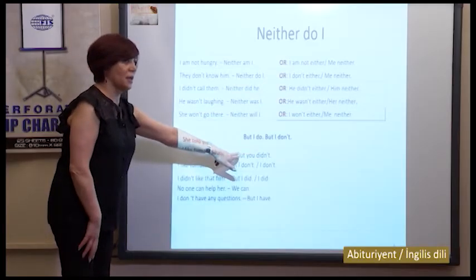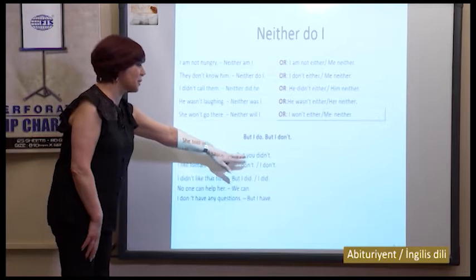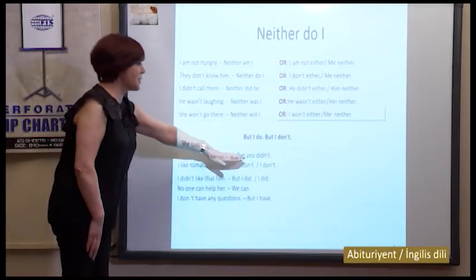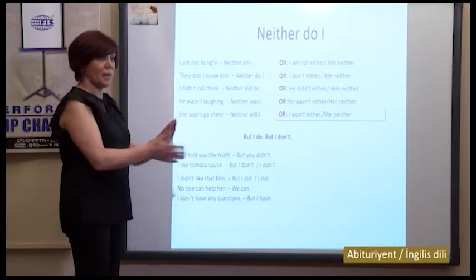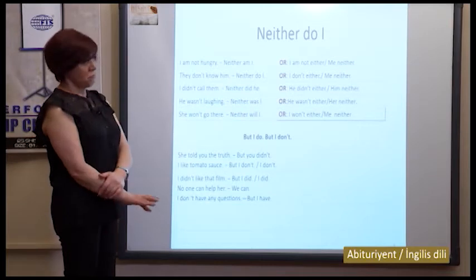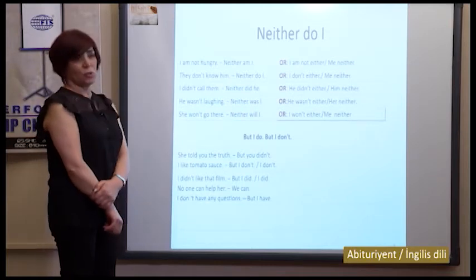And if we use the sentence with but, and the first part is positive and the second part is negative, for example, I like tomato sauce. Someone says that, but I don't.